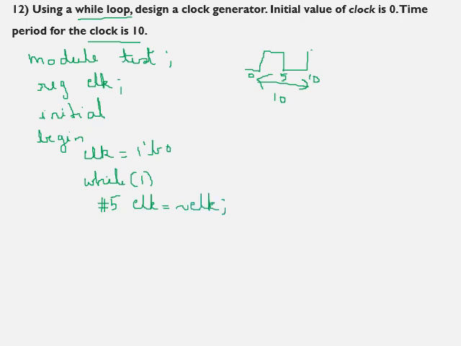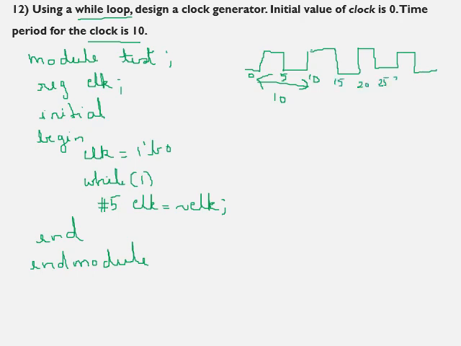This will toggle for every 5 time units. So this is the end of the initial block, and end module. So this generates a clock with the period of 10. So the edges will be at 5, 10, 15, 20, 25, 30, 35 and so on.